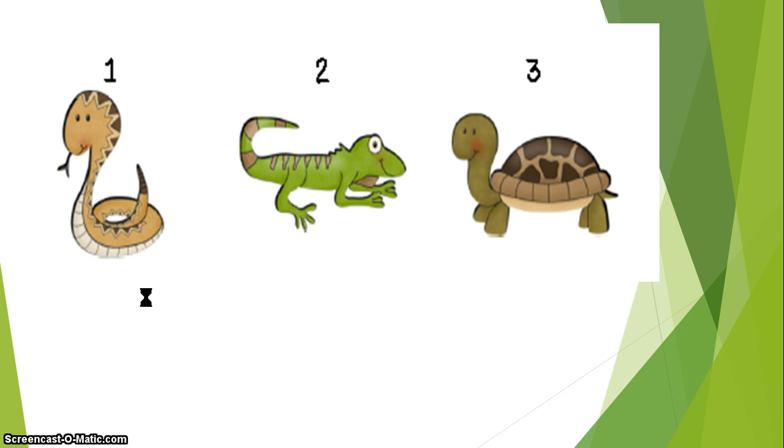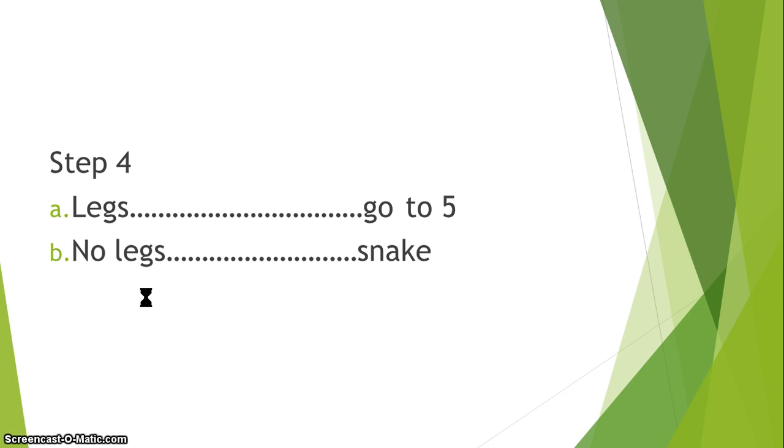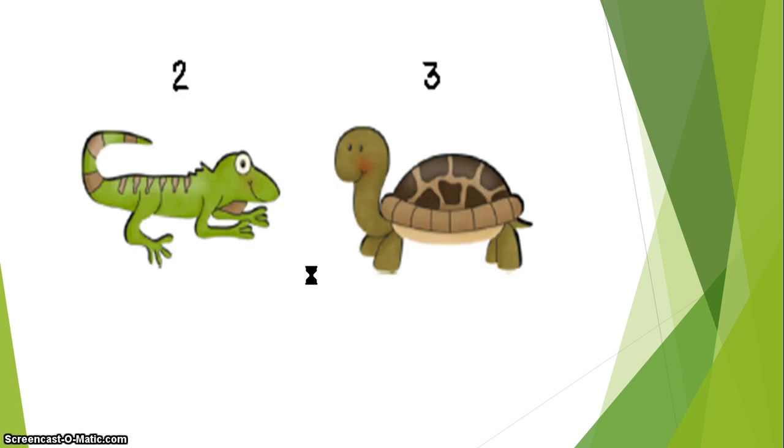For step 4, I'm going to focus on the number of legs. If it has legs, we need to continue on to question 5. But if the specimen has no legs, then it must be our snake, and that removes it from our series of questions. Finally, this leaves me with just the lizard and the tortoise.